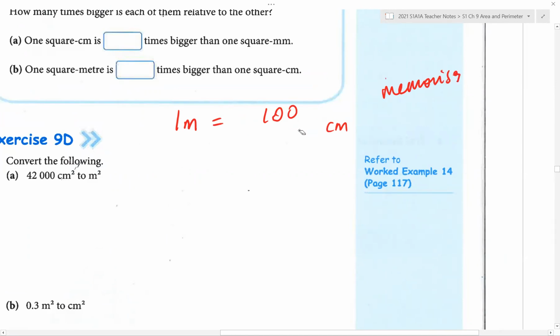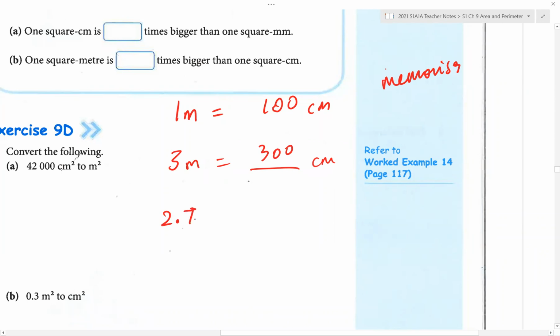Okay? Now next one. What is 3 meter in cm? 300. Okay, good. What about 2.7 meters in cm? Okay, Fari, how do you get 2,700? Huh? How much? 270.